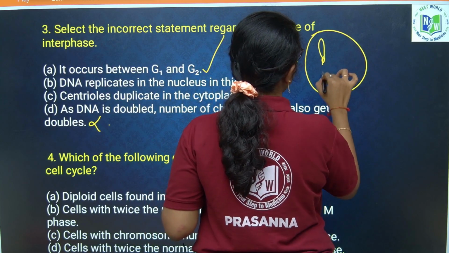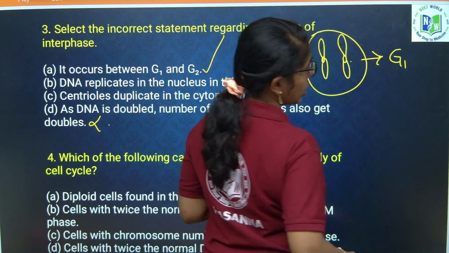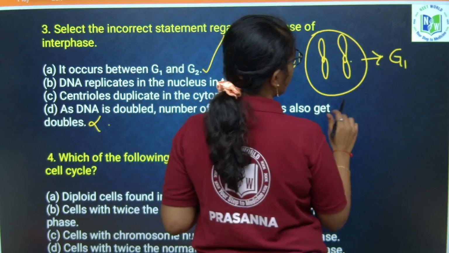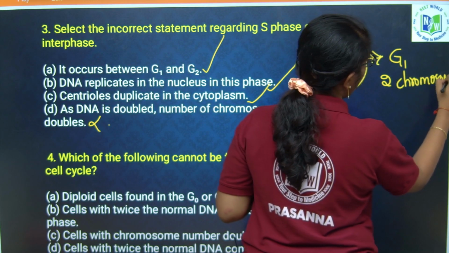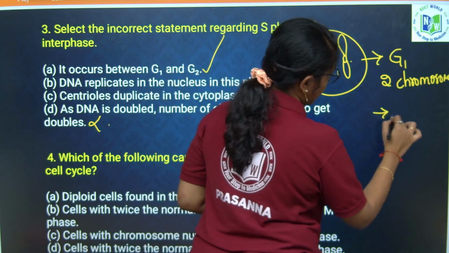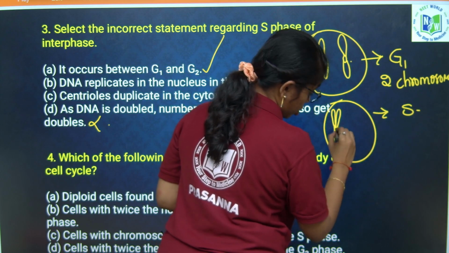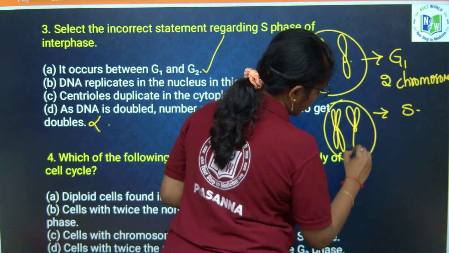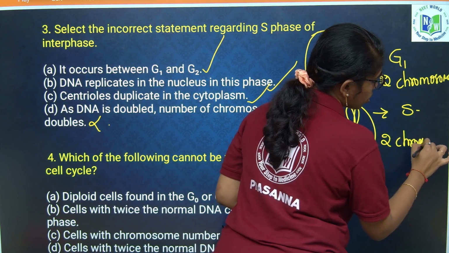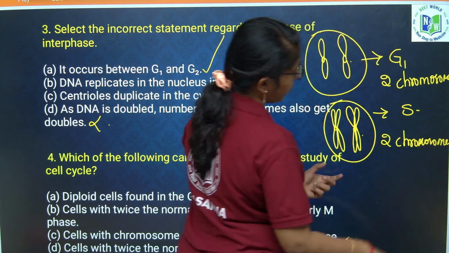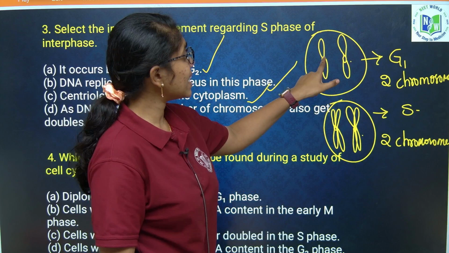For example, in G1 phase you have how many chromosomes? 2 chromosomes. In S phase, chromosomal duplication happens, DNA duplication happens, but here also the chromosome number is 2 chromosomes only. You identify the chromosome number with the centromere number.